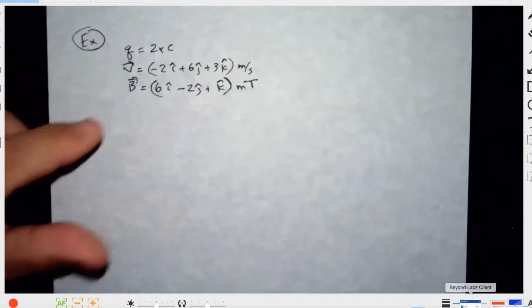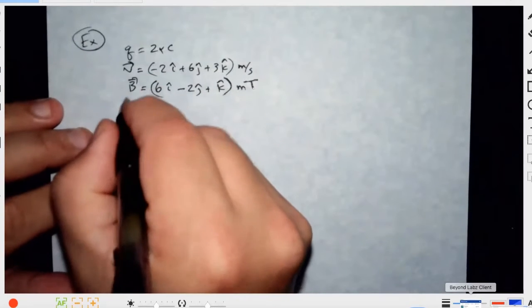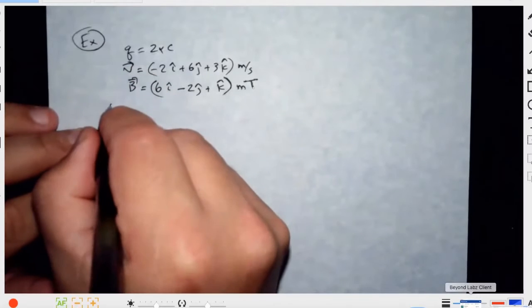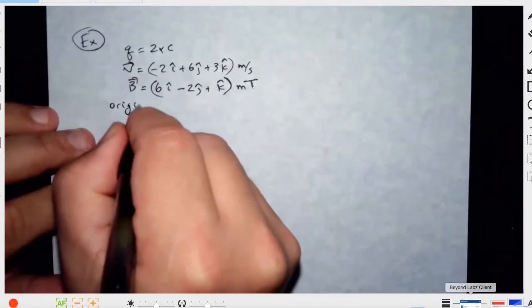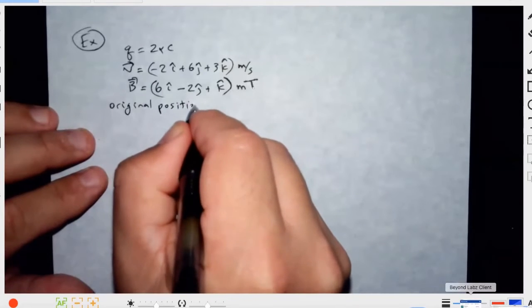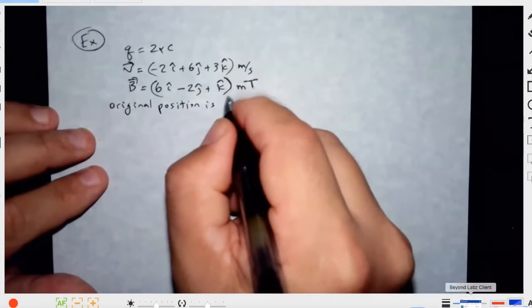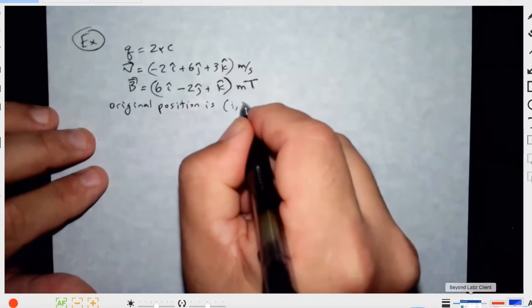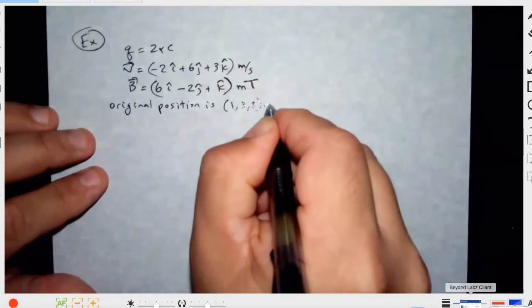And let's say the original position of the charge is 1, 3, 5 meters.